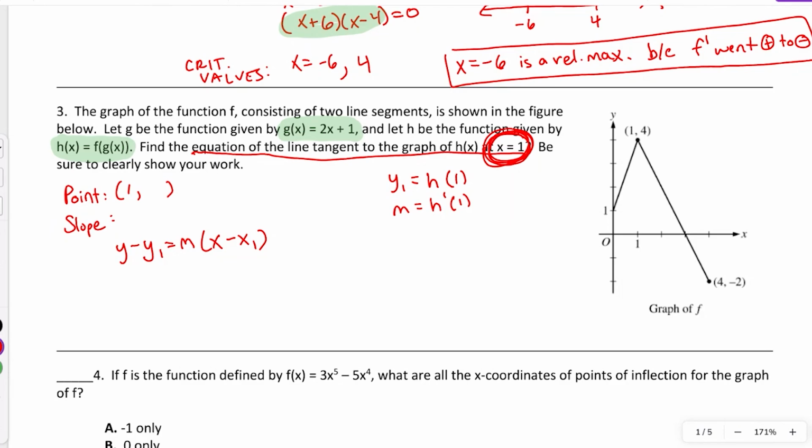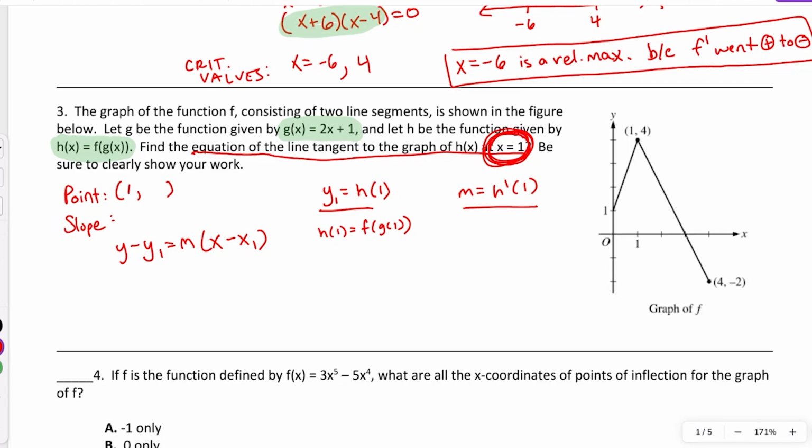Well, let's start with y1. To find y1, I'm going to erase this, break this down a little bit more like this. Say y1 is h of 1, and then m is h prime at 1. So first we'll evaluate h of 1. H of 1 is f of g of 1.